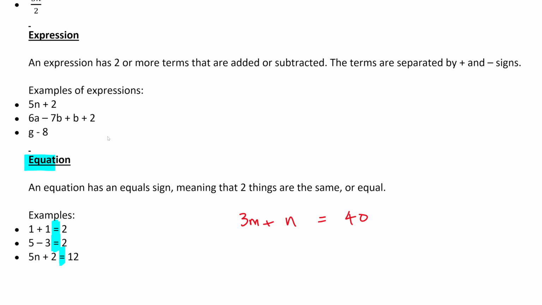That's an equation because it has an equal sign, right? Equal sign right there. Another example could be 3x plus 2y take away z equals 0. That's also an equation because it has an equal sign.